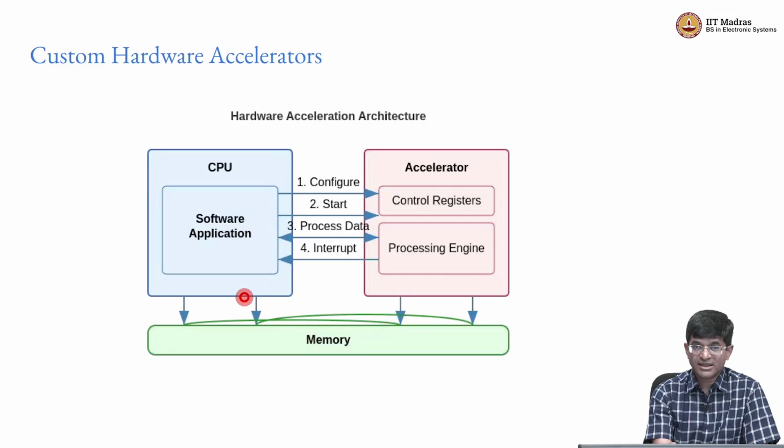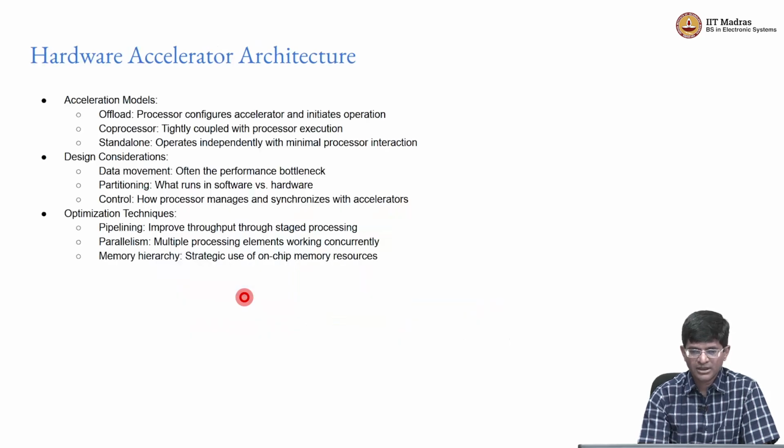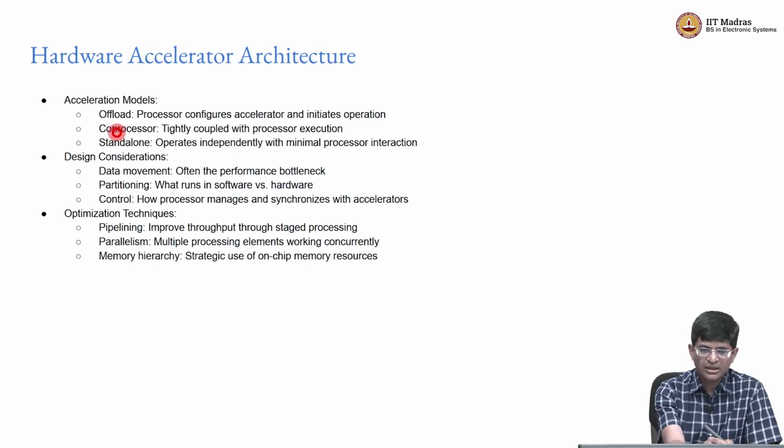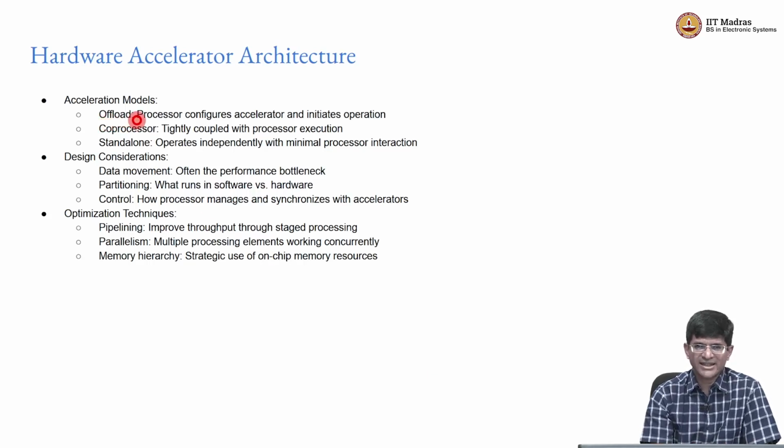So this structure is a very common use case why FPGA SoCs are actually used in practice. Now there are many different models that can be used for building these kinds of acceleration systems. One is what is called the offload engine. The word accelerator is a little confusing at times.